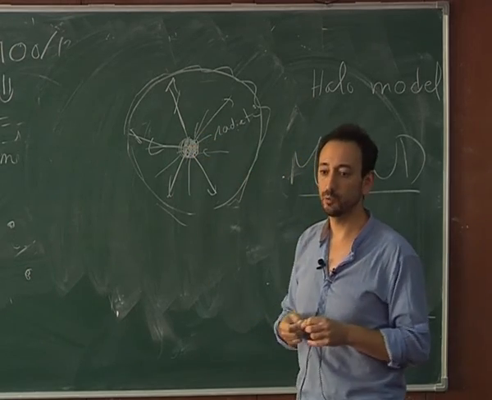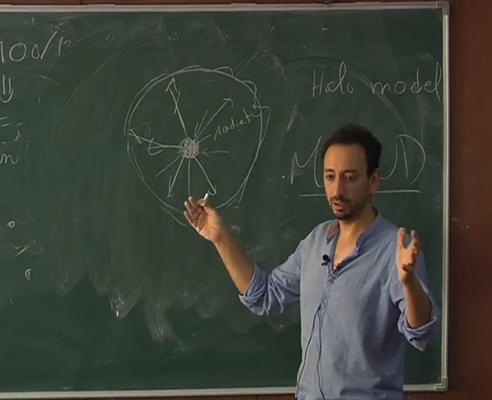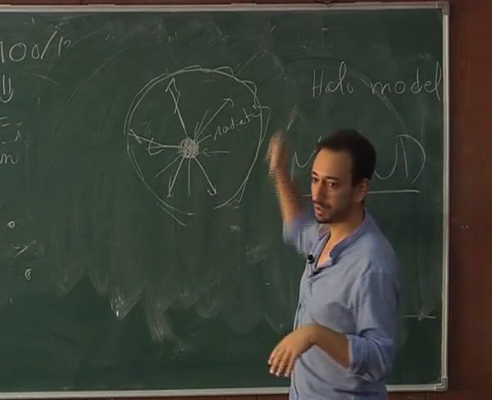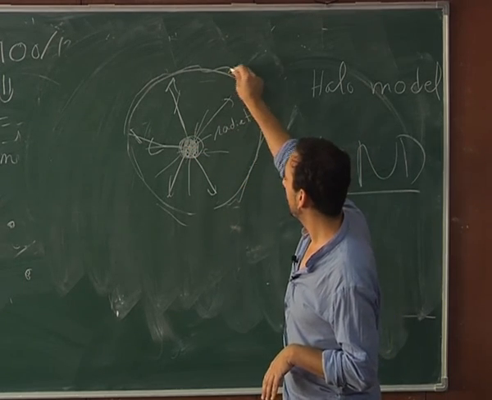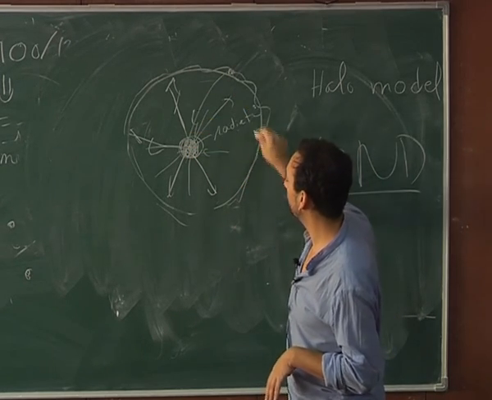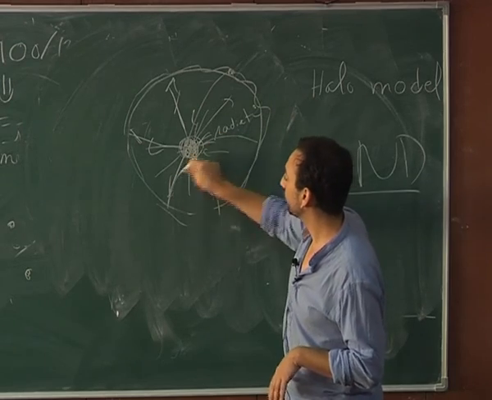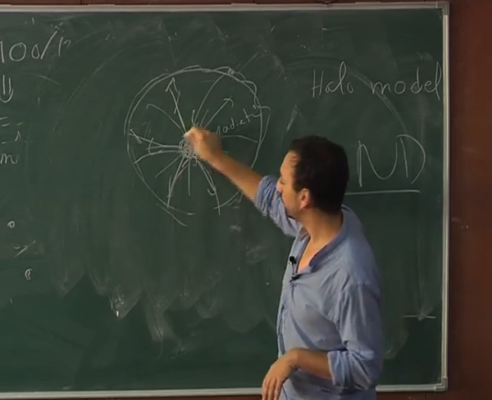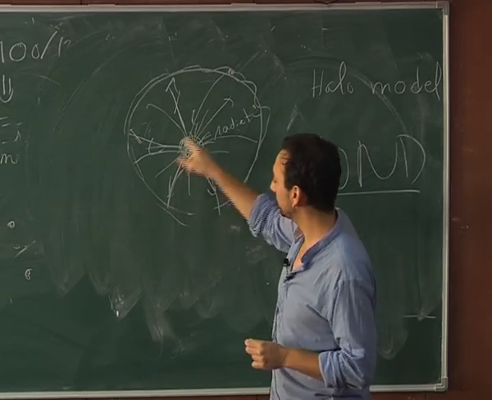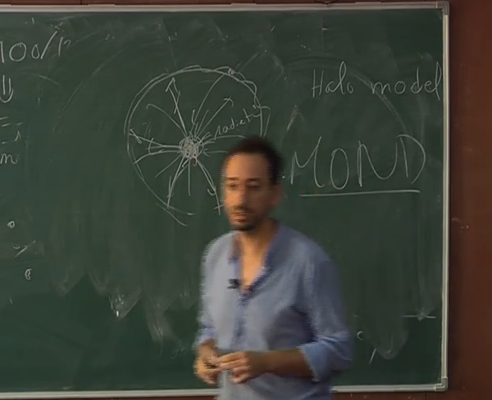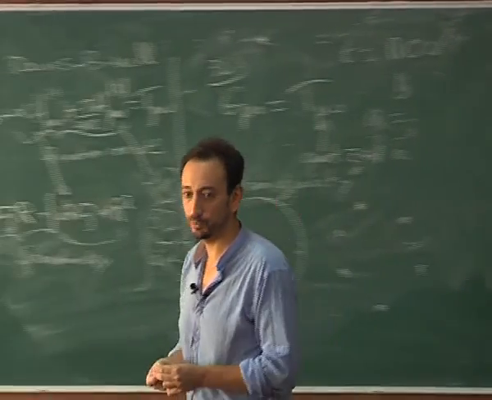After decoupling, when radiation is not interacting anymore with matter, you have dark matter at the center, and all the baryonic matter will fall back, and you start forming the galaxy again. If there was no dark matter at the center, you would not form galaxies. So dark matter is fundamental for the formation of structure.